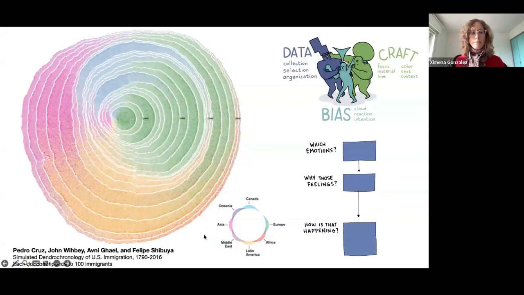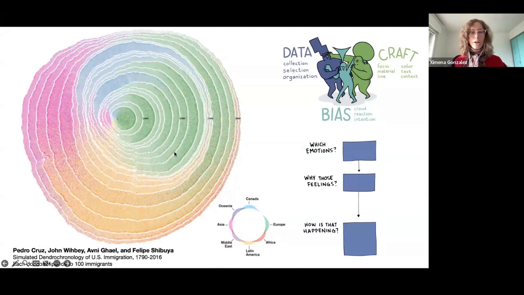This one is titled The Simulated Dendrochronology of US Immigration, over the period 1790 to 2016. Each dot, and there are lots of dots, represents 100 immigrants. This is immigration in the US, and the different regions are represented by different colors.